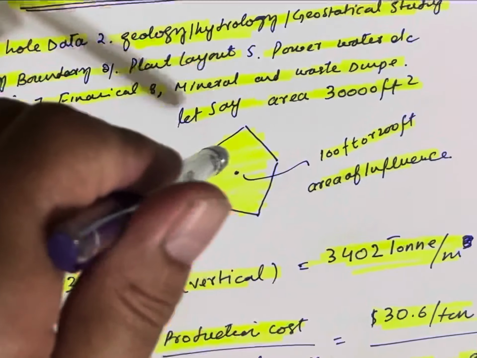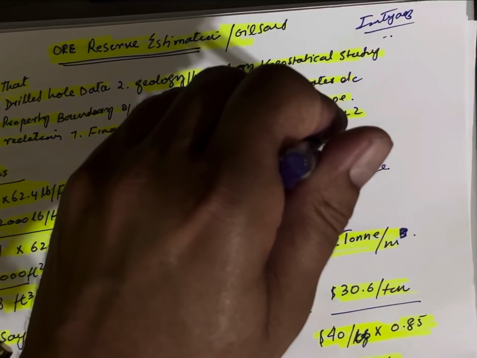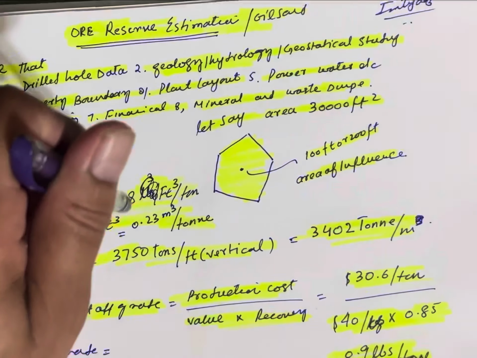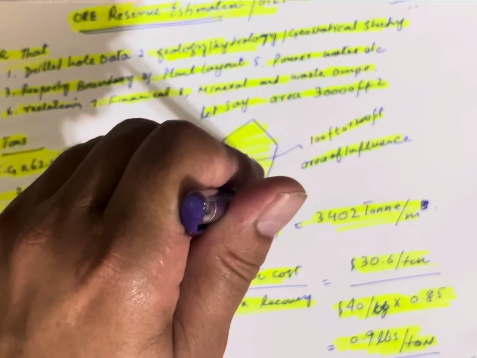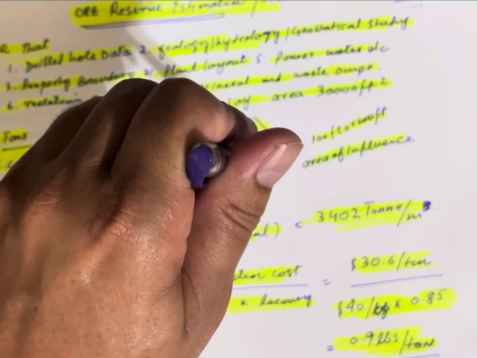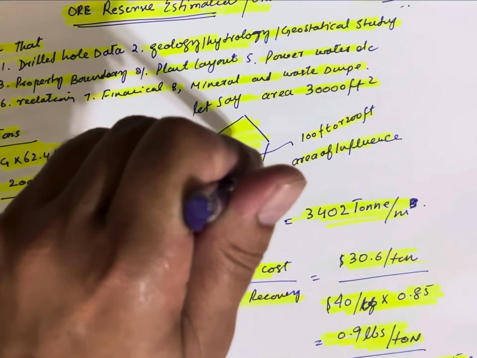So then the area, let's say, is 30,000 square feet. For the whole 40 or 50 holes, we draw a polygon around each hole for the optimization of the hole and calculating the grade.